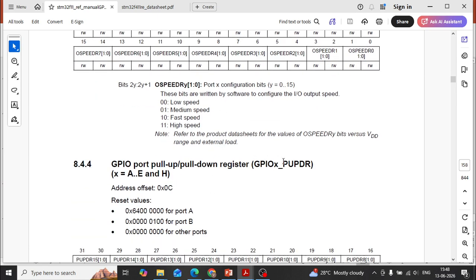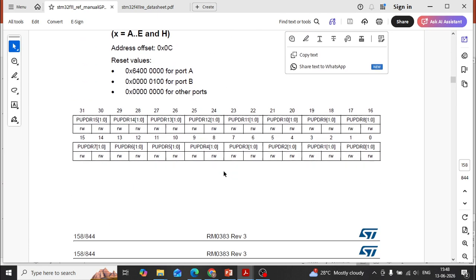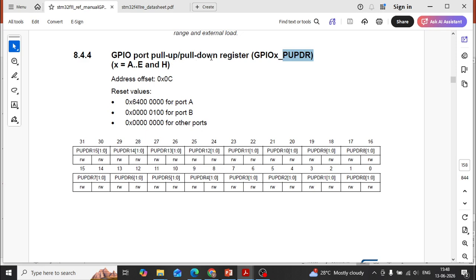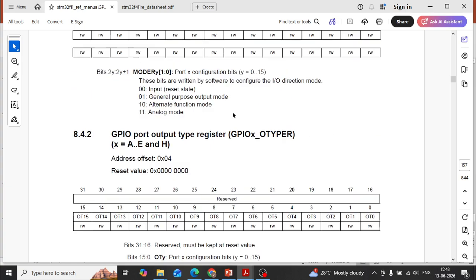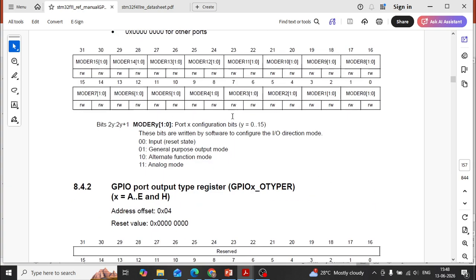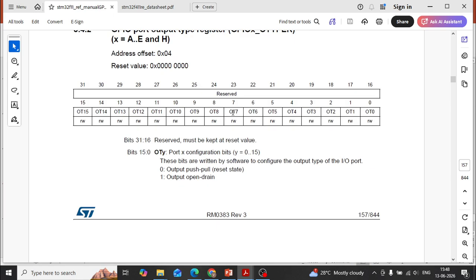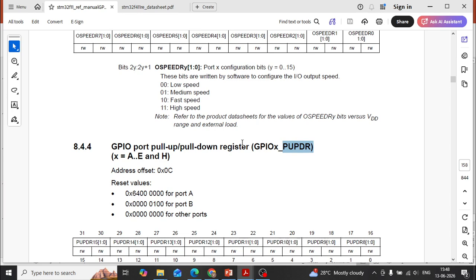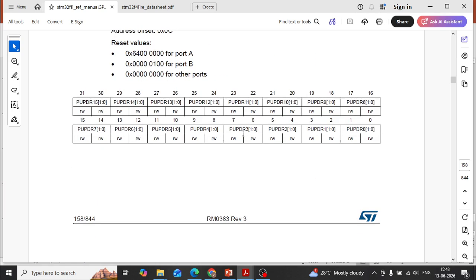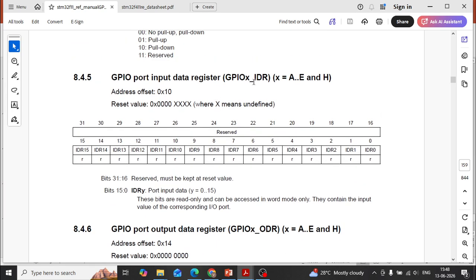Similar to that, we have the pull-up and pull-down register. This is used to enable the pull-up register. Then we have IDR.